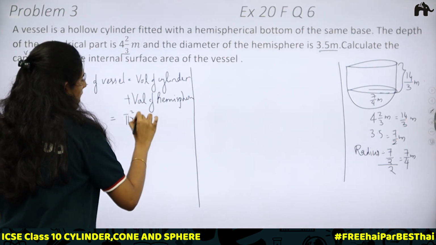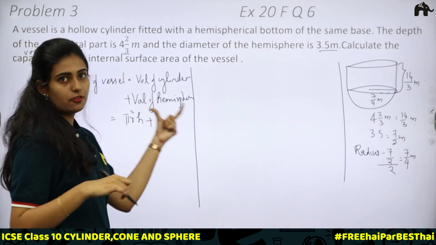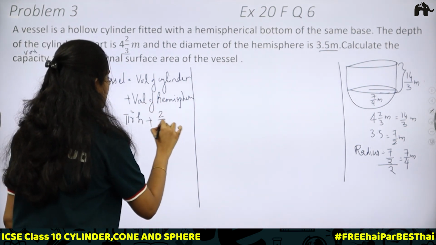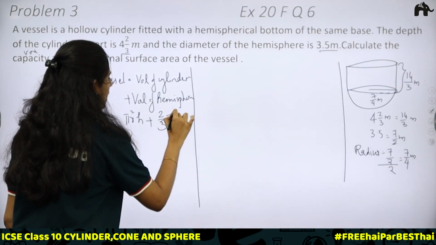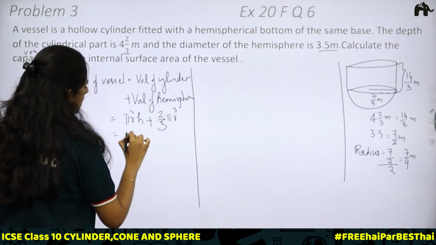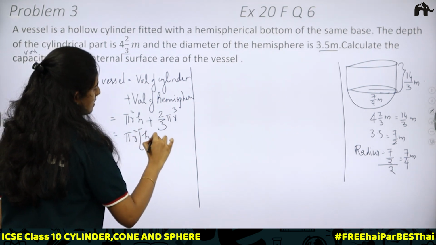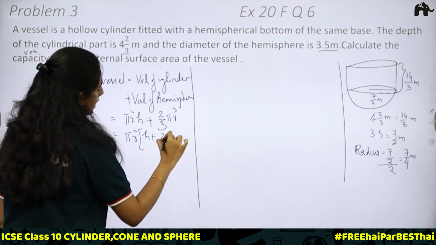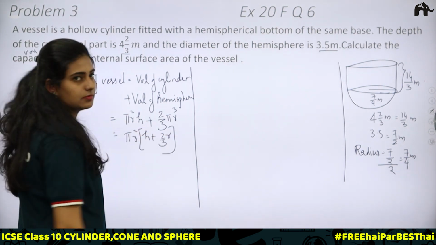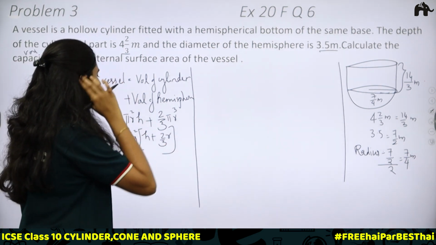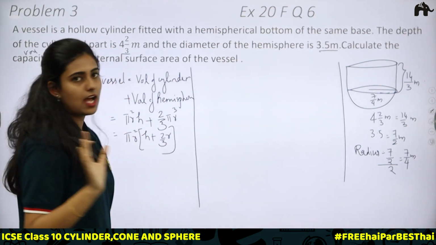Pi r square h plus volume of hemisphere is 2/3 pi r cube. You can take pi r square outside. Then we have h plus 2/3 r. Here the radius of the cylinder and radius of hemisphere are the same.